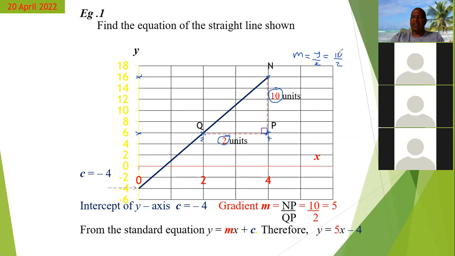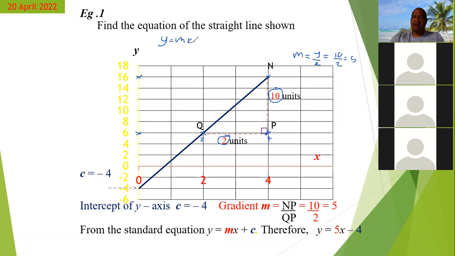So we have now 10 divided by 2, so we'll get the gradient m to be equal to 5. You get that, Miss Green? Yes, sir. And then now from the general y equal mx plus c form.